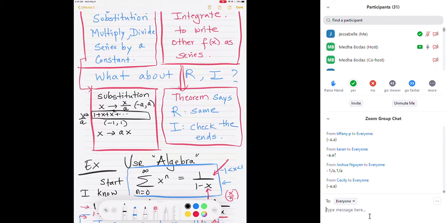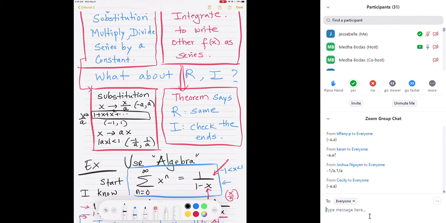Then the interval will be -1 over a to 1 over a, because the absolute value of ax has to be less than 1. Remember, a is a constant, so you can take it out. Even if it's negative, the absolute value is going to be positive.